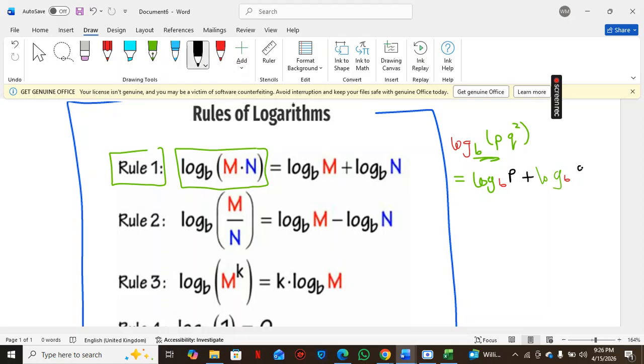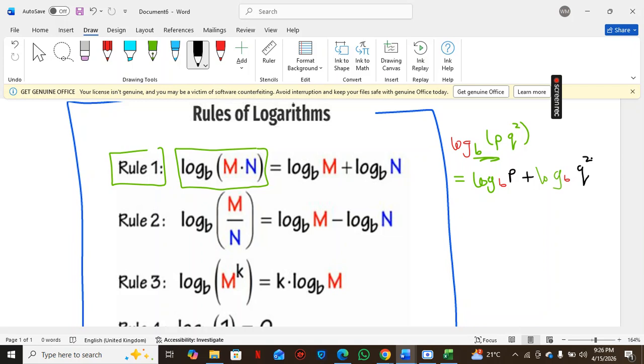Okay, colleagues, here I've just applied this first rule. I'm simplifying this expression. So if we apply the product rule number one here, it becomes log_b p plus log_b q squared. Then we're not yet done simplifying.